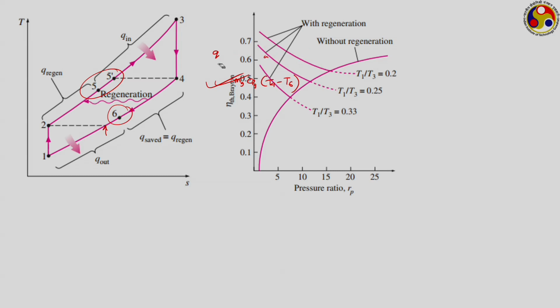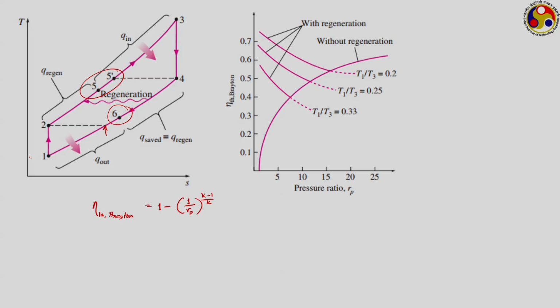Now, from the thermal efficiency point of view, we already know that the thermal efficiency for a standard Brayton cycle without any reheat, regeneration etc. is given as 1 minus 1 upon Rp to the power k minus 1 upon k. However, when regeneration is there, we also have to consider the maximum and minimum temperature of the cycle.